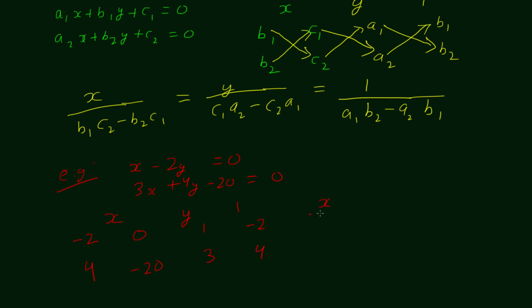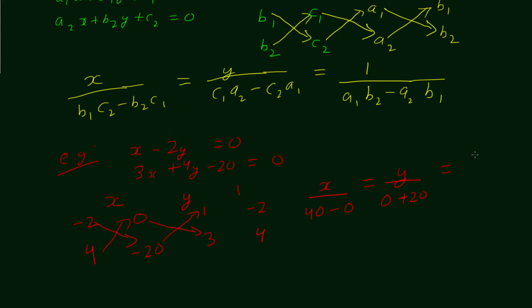So now we write x divided by minus 2 multiplied by minus 20 is 40, minus this thing. So first we took this minus 4 multiplied by 0, is equal to y divided by 0 multiplied by 3 is 0, minus 20. So it will be plus 20.